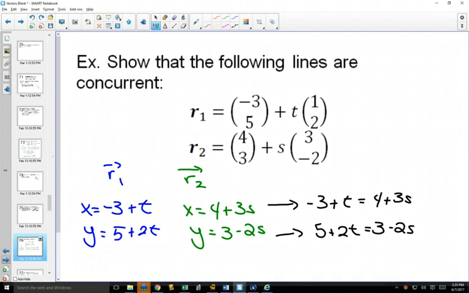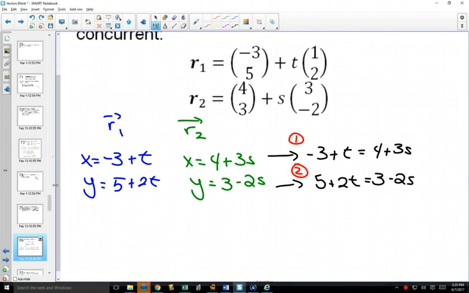So again, by equating your x coordinates and equating your y coordinates, you get a system of equations with 2 equations and 2 unknowns. So if you want to use elimination, I could multiply equation 1 by a -2.